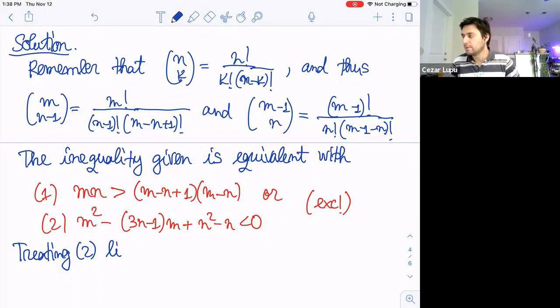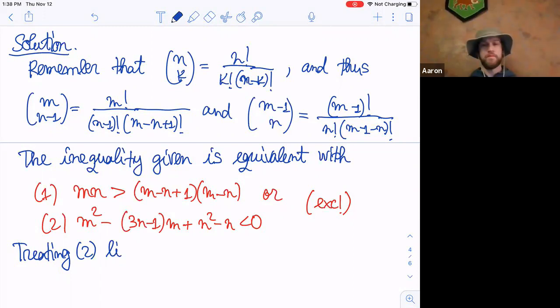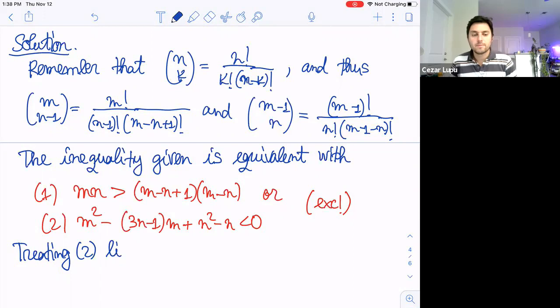And you know that m will be between the two roots. The quadratic inequality is negative, so this implies that m will have to be between the two roots, m1 and m2.